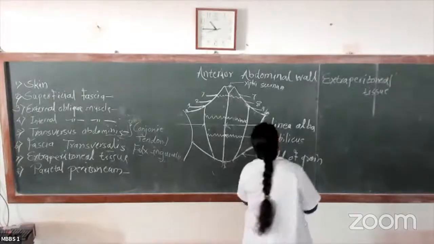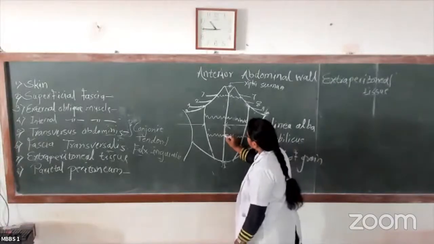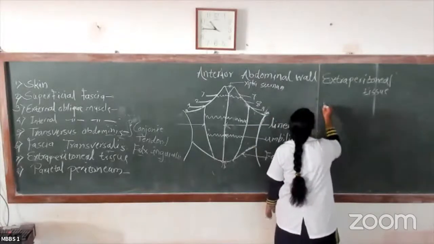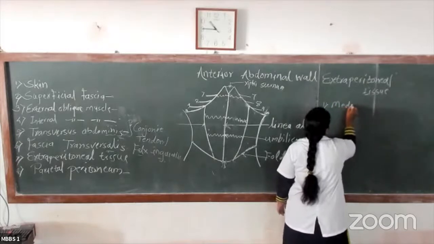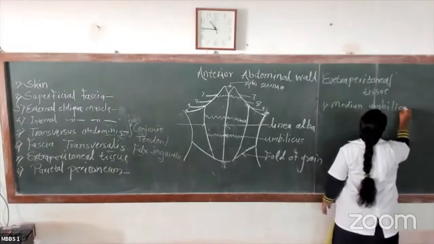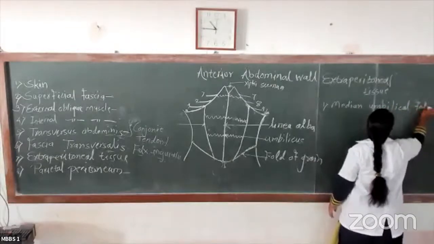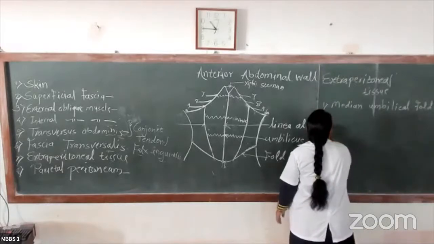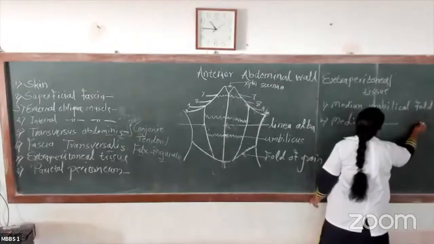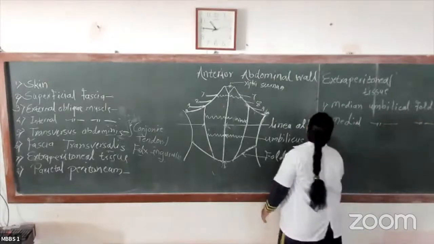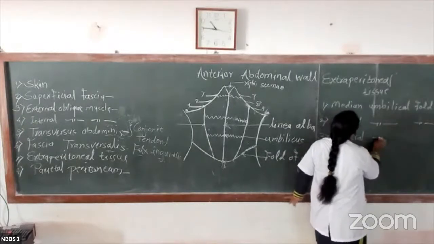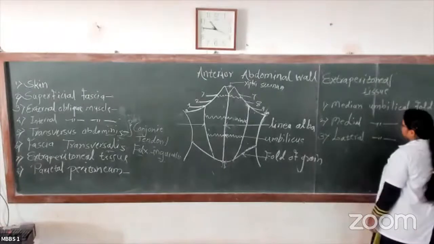Now this parietal peritoneum below the umbilicus presents five folds: the median umbilical fold, then a pair of medial umbilical folds and a pair of lateral umbilical folds.